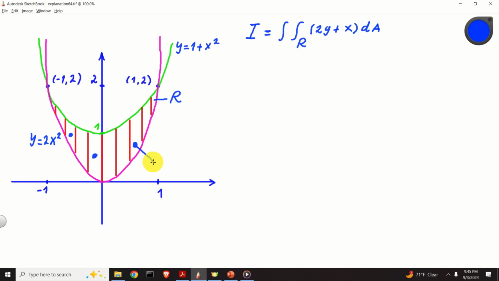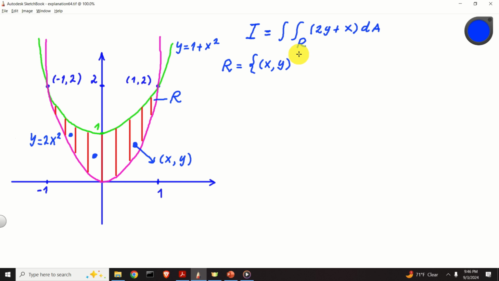Every point has coordinates x and y. Let's mathematically describe this region. We write R is, it's a set, consequently we use the notation for a set, and it consists of points with the coordinates x and y.